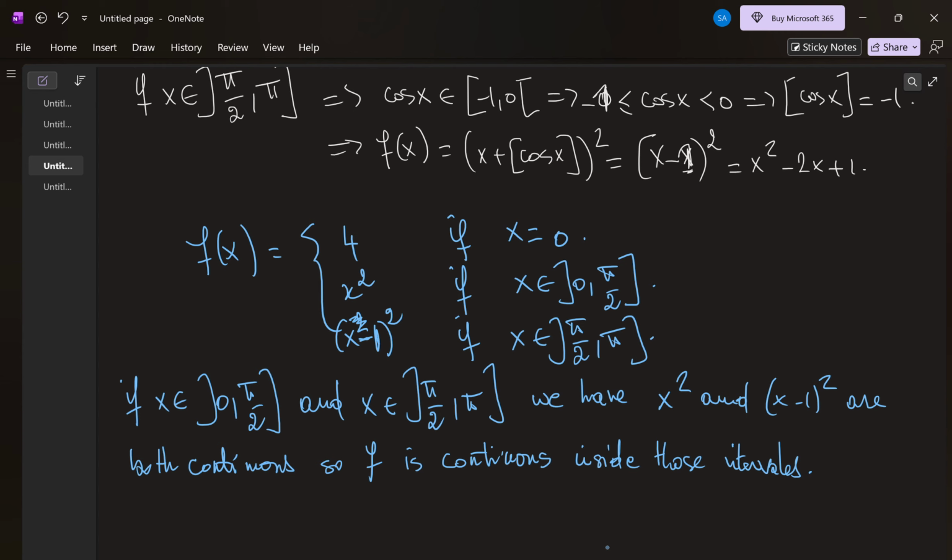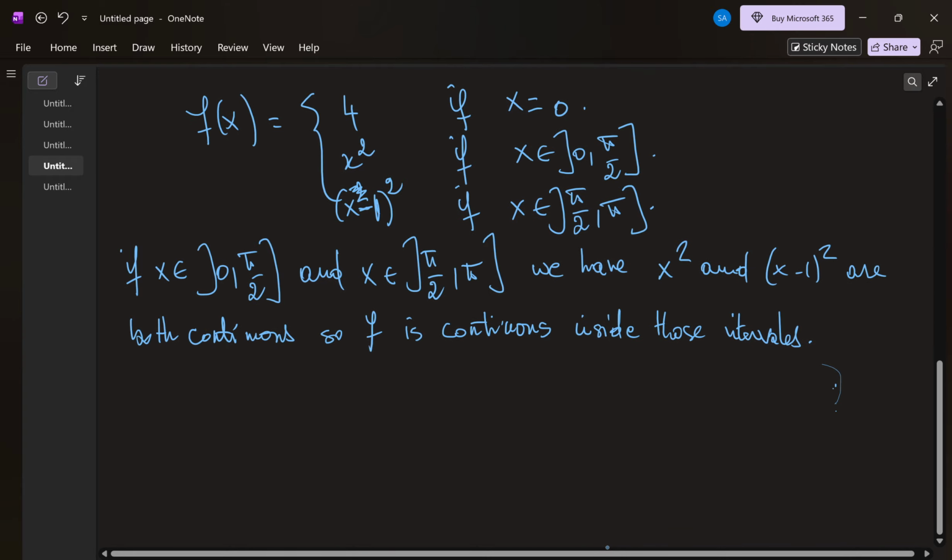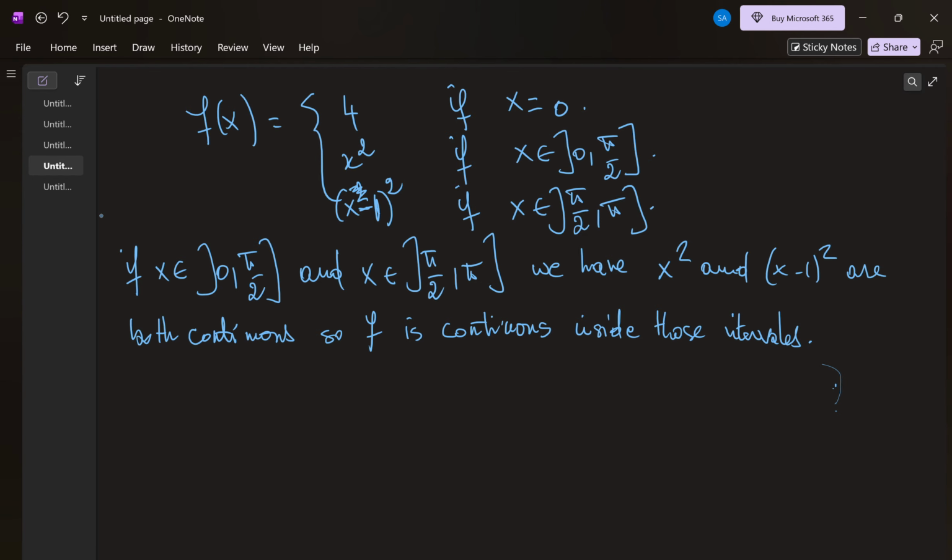Now we will check whether f is continuous at the extremities of those intervals. So here we will calculate the limit when x approaches 0 with greater values of the function f of x. In this case, x is in the second interval from 0 to π over 2.